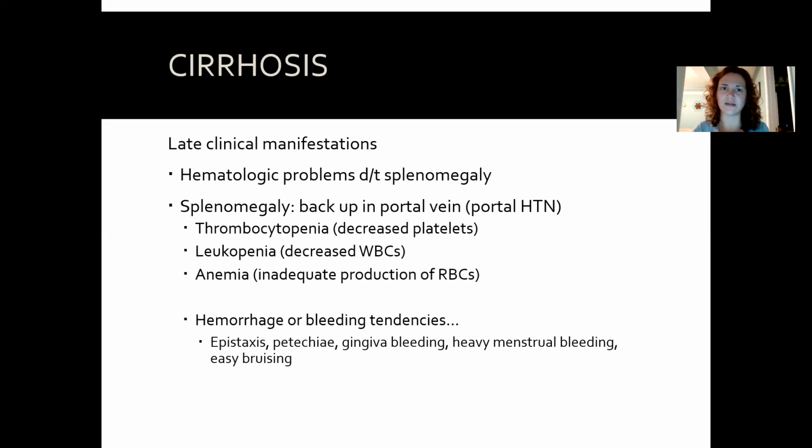So if you start seeing that, they're definitely getting to a point of late cirrhosis here. The leukopenia, the decreased white blood cells, put them at risk for infection. So that's really bad. We need to really be on top of our hand hygiene and decrease their risk for infection in the hospital, but also educate them on how to lower their risk outside of the hospital.